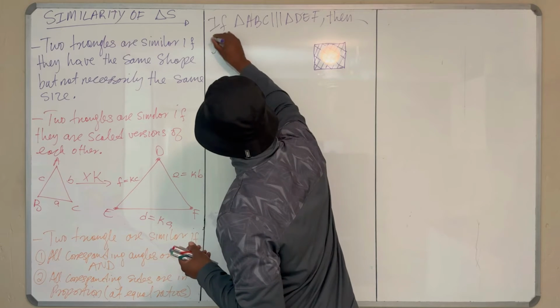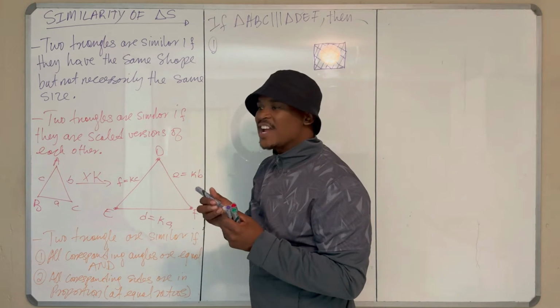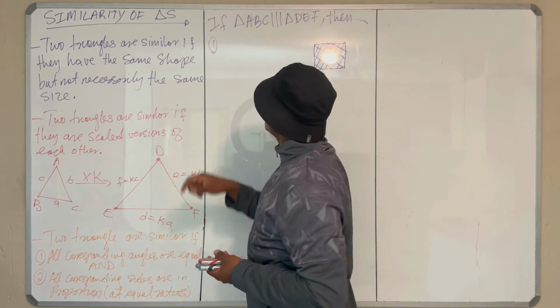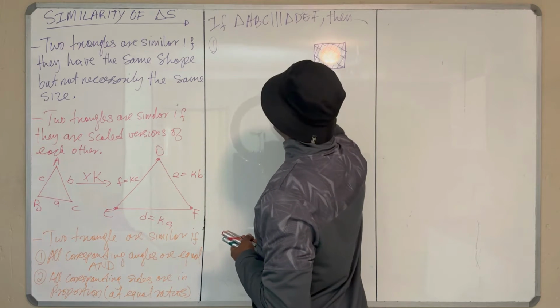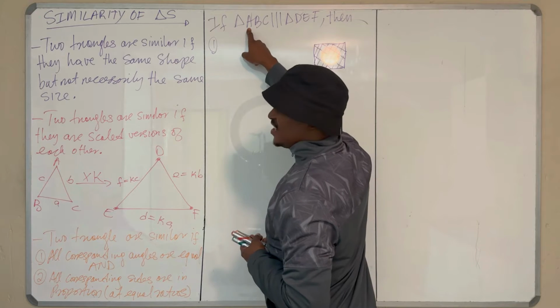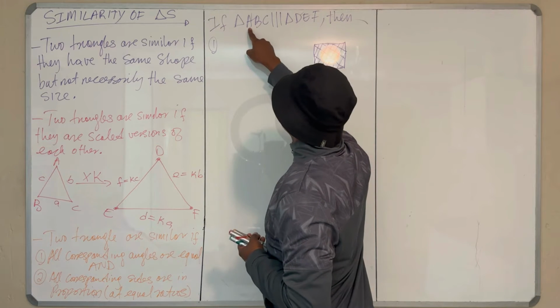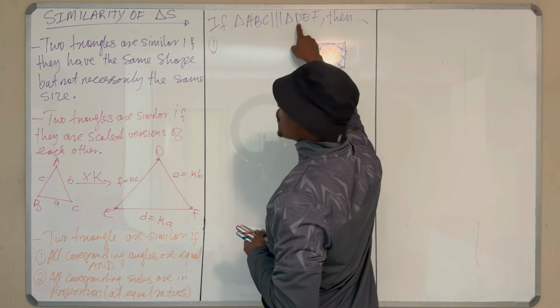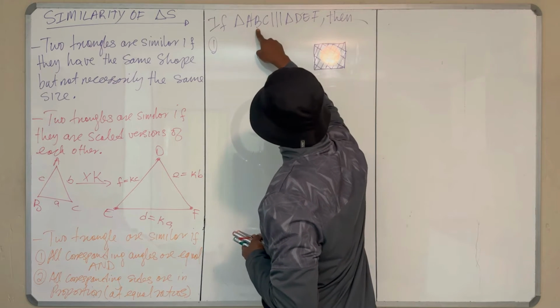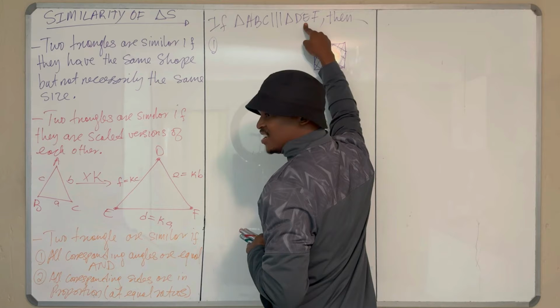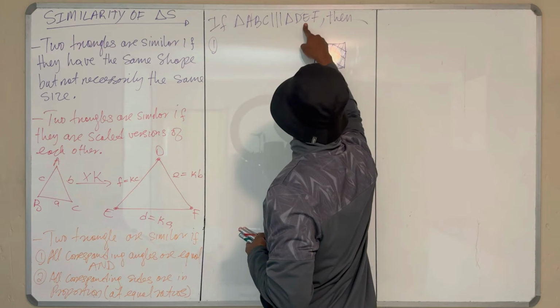here what you know, 1, which means the corresponding angles are equal. So the order in which you write these alphabets means that your A in triangle ABC corresponds to D in triangle DEF. And your B corresponds to E in triangle DEF.